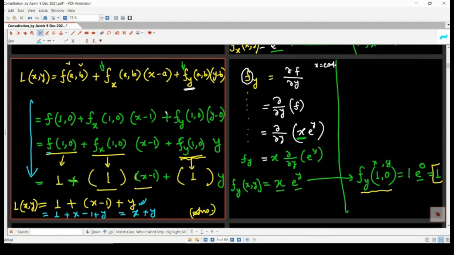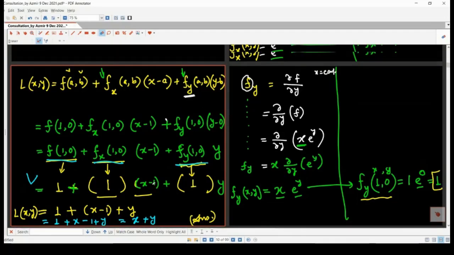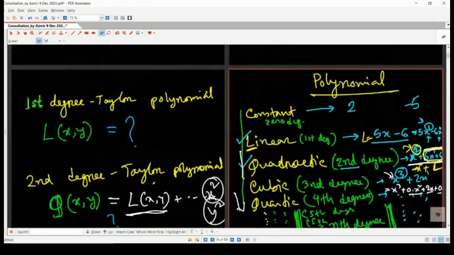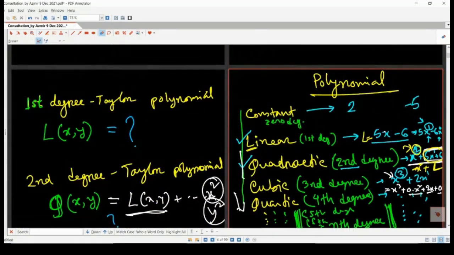You need to find f at 1 0 point, f sub x at 1 0 point, f sub y at 1 0 point. Whenever I have given the definitions of polynomials, you have seen that for linear polynomial, x has power 1. The highest power is 1, and here you have x power 0.